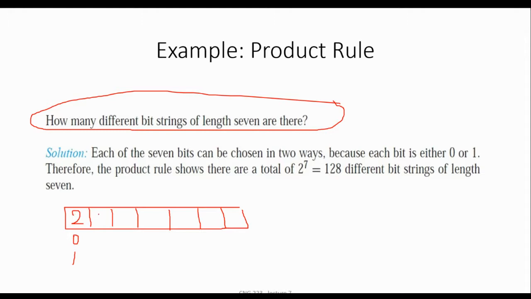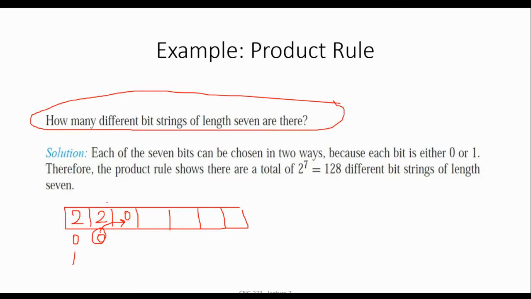What about the second one? Again, I will have 2. It means that, for example, if you have 0 for this one, does it have any effect on the next bit? Does this one force the next bit to be 0 again? No, it doesn't. That's why I call them independent.